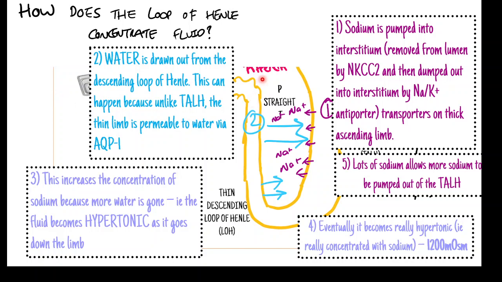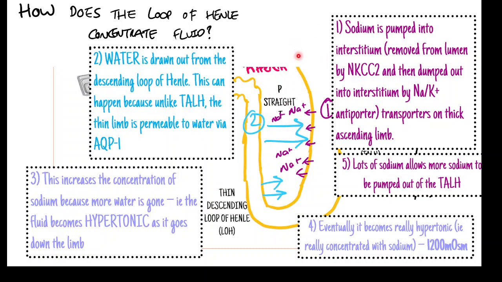There's a second layer of complexity to this, as if this wasn't hard enough, and that's called the vasa recta. The vasa recta are the special type of capillaries that supply the loop of Henle. In the PCT and PST, they were called peritubular capillaries. Here, they're called vasa recta. Recta means straight, so they're straight capillaries, and they flow opposite to the loop of Henle.